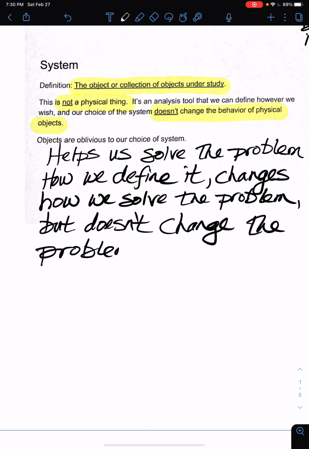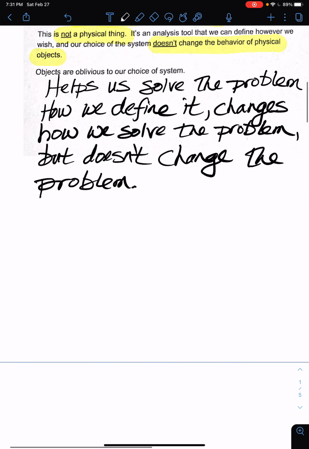Meaning, and we'll see this in the future, that we can take a problem and define the system different ways, and it won't change what happens in the problem, but it will change how we solve the problem and interpret the problem. If I was to drop a book on the floor and I was looking at energy for how that happened, the book wouldn't care how I define the system, right? The book would just fall and hit the floor, and it wouldn't care how I solve the problem or define the system.